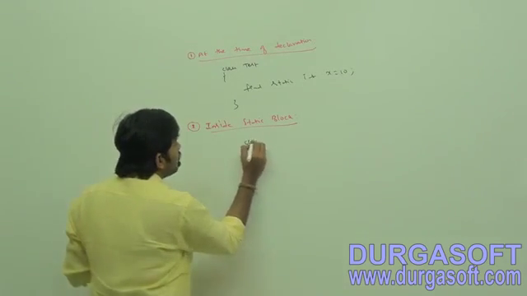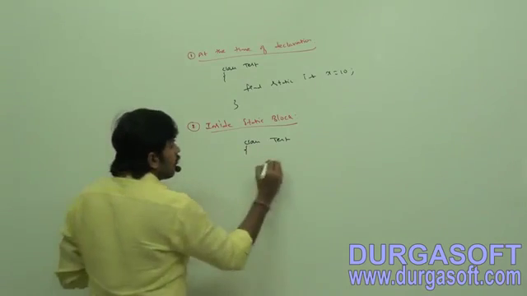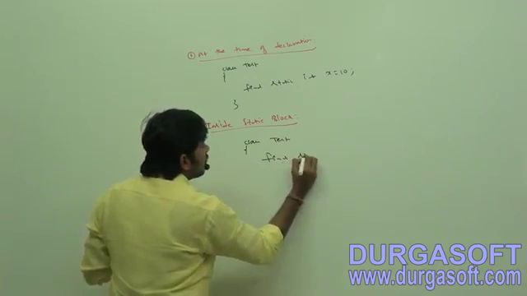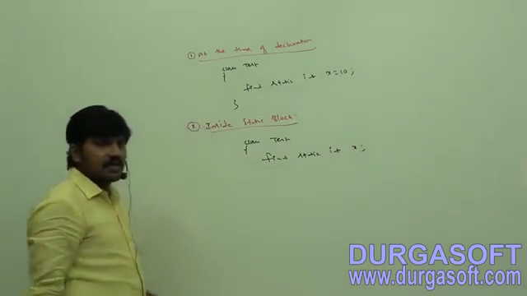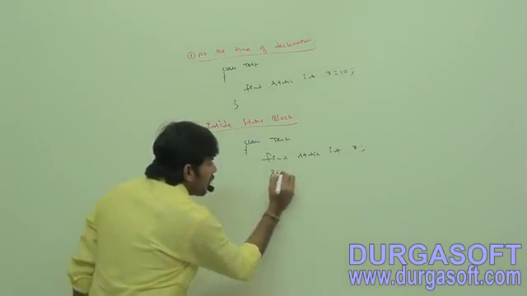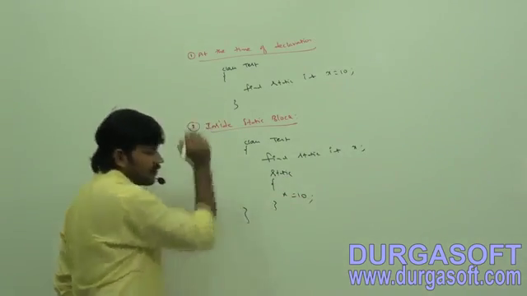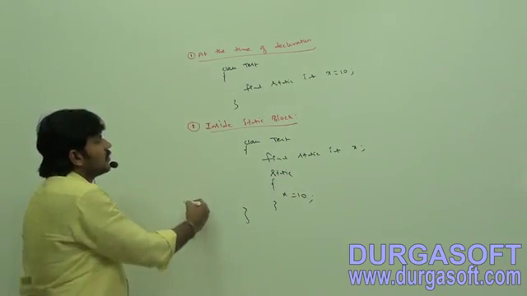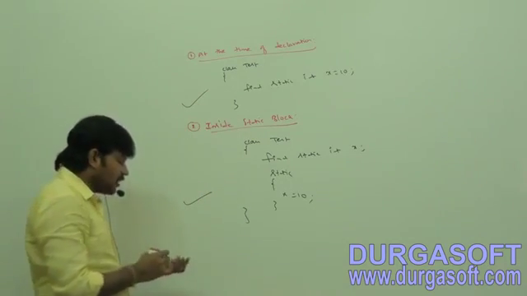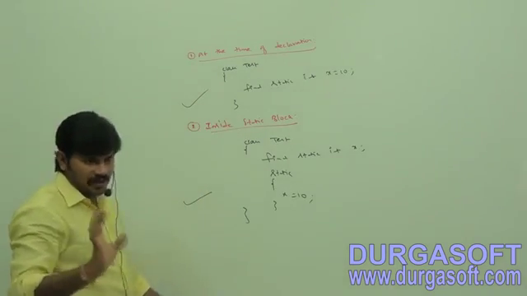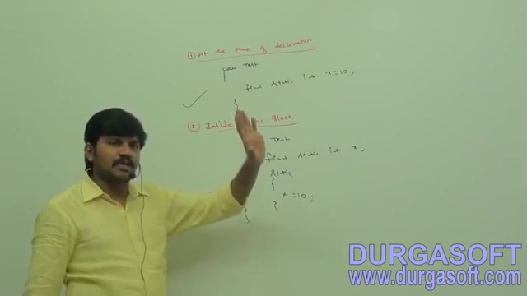Now class Test: final static int x; static block, x = 10. So that's all. These are the only possible places to perform initialization for a final static variable. If we are performing initialization anywhere else, we are going to get a compile time error.